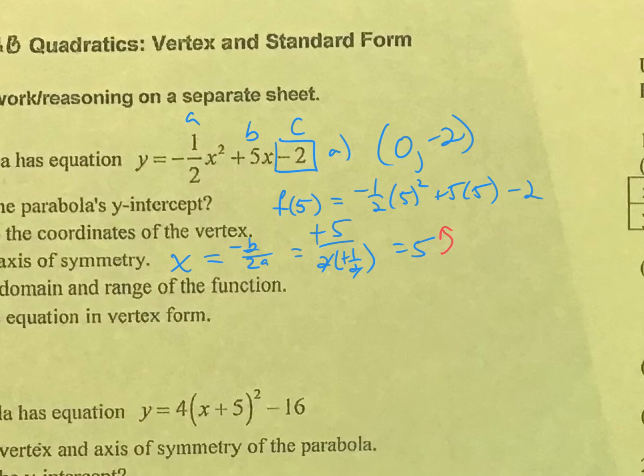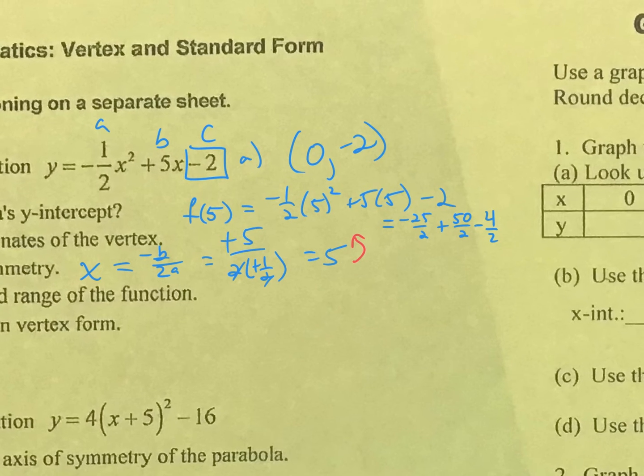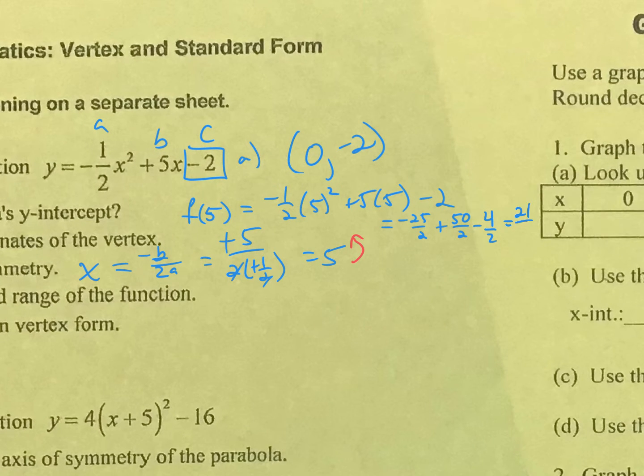I'm running out of room here, but that would be -25 halves, and then 5 times 5 is 25, so that's 50 halves. And then subtract the 2, which is 4 halves, and that comes out to 21 halves. And so our vertex is going to be (5, 21/2).